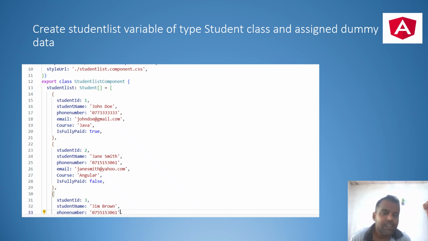Now we are going to create the student list. Here you can see the student list data type is a student array, and in that I insert some dummy data.